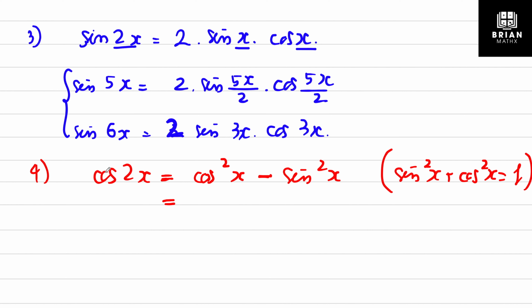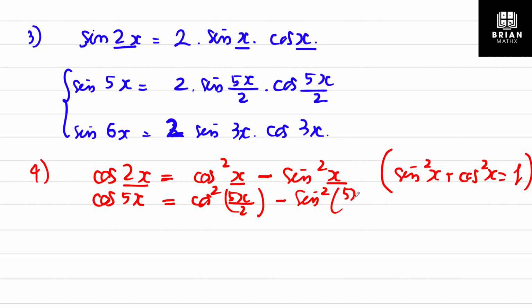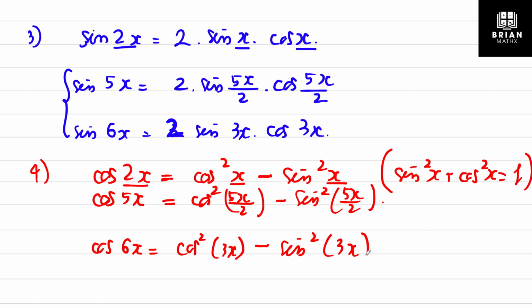It is a double angle: to find the value of this position and this position, you take this number and divide by 2. For example, cos of 5x becomes cos square 5x divided by 2 like this, minus sine square 5x divided by 2. Another example, cos 6x becomes cos square 3x minus sine square 3x. These are two examples for the double angle of cos.